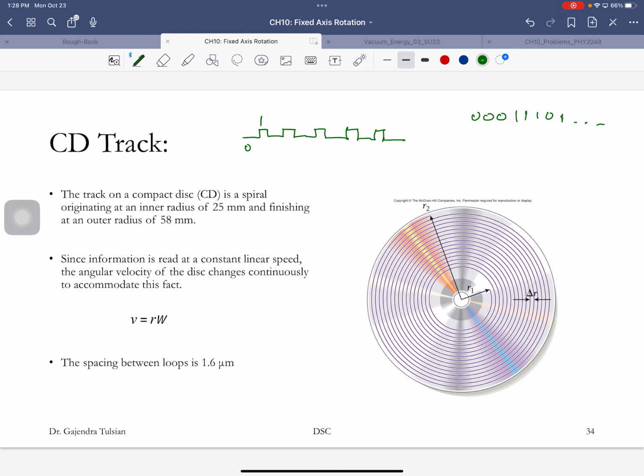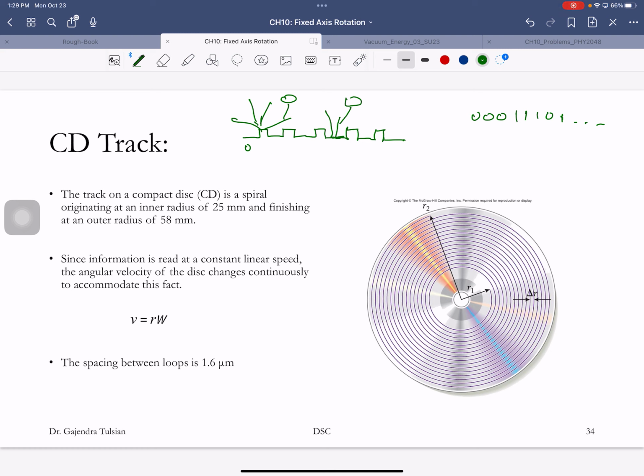And the way you read this is the following. You shine light on it, and when the light hits a bump, the light gets scattered, and here's a detector, and the detector doesn't get back anything. When the light hits the flat area, you get a lot of reflection to the detector, and you get a signal. So that's how you read the bumps and flat areas.